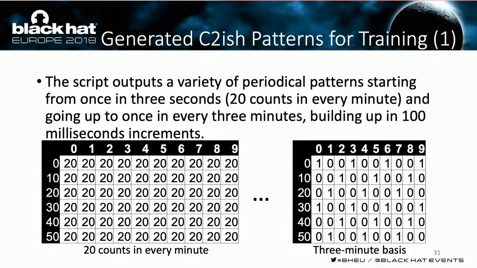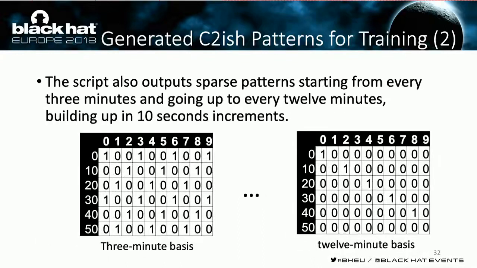First, we generated a variety of periodical patterns starting from once in 3 seconds and going up to once in every 3 minutes, building up in 100 milliseconds increments. This script also outputs sparse patterns starting from every 3 minutes and going up to every 12 minutes, building up in 10 seconds increments.